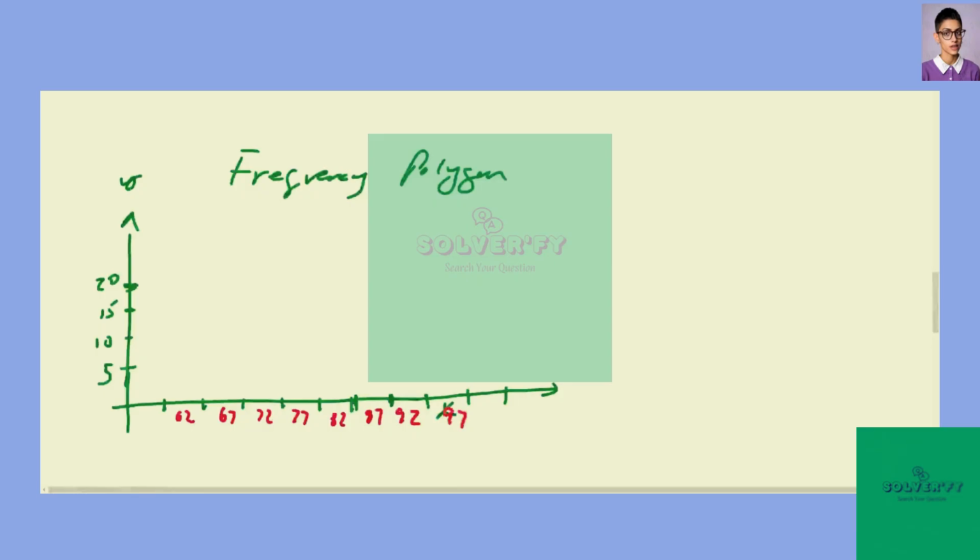So at 62, we have 2 up there, and then 1, 6, 7, 5, 12, 18, then we have 6, and then we have 5, and then we have 1.